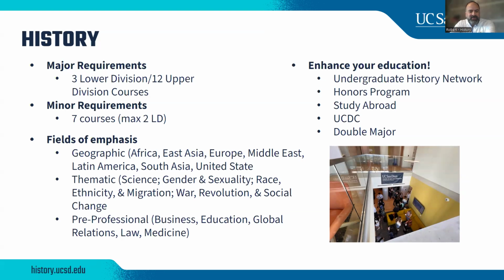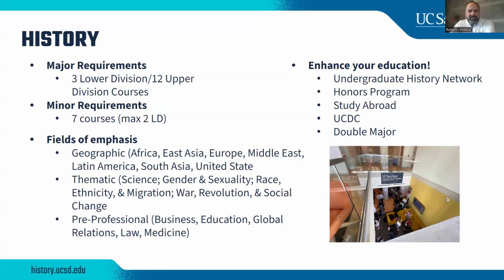And for the minor, you only need 7 courses to fulfill the minor. Chances are that you would have the lower divisions fulfilled with your college requirements, just depending on what college you are enrolled in. You can do a field of emphasis and variety, geographic and thematic, and also pre-professional.